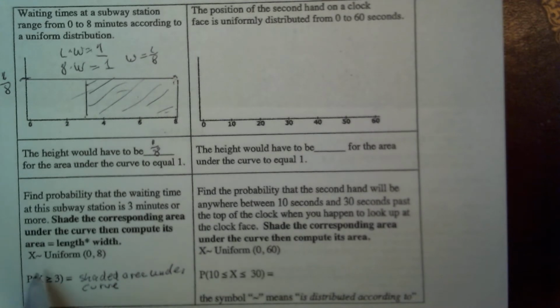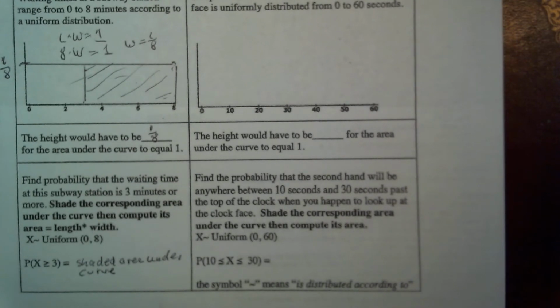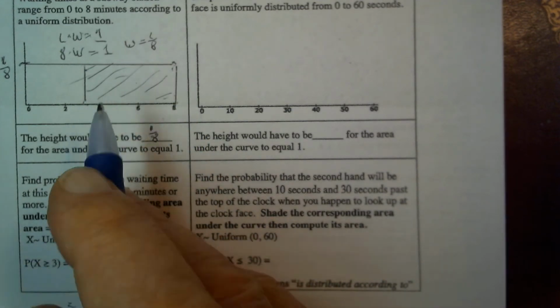By the way, this is where x is distributed uniformly from x equals 0 to x equals 8. So this wavy sign means it's distributed, in this case, uniformly. Then, numerically speaking, that means length times width, and the length is from 3 to 8. In other words, 8 minus 3 is 5.